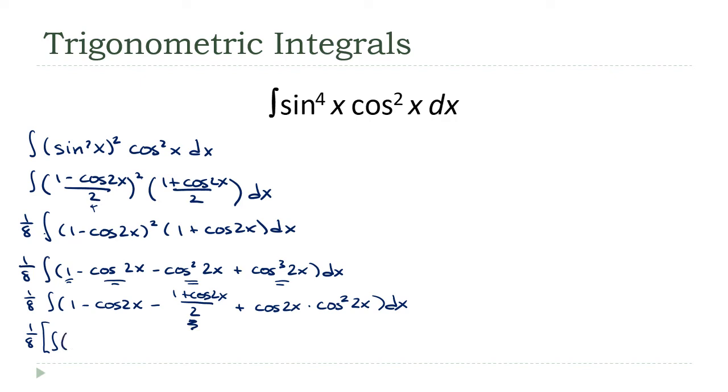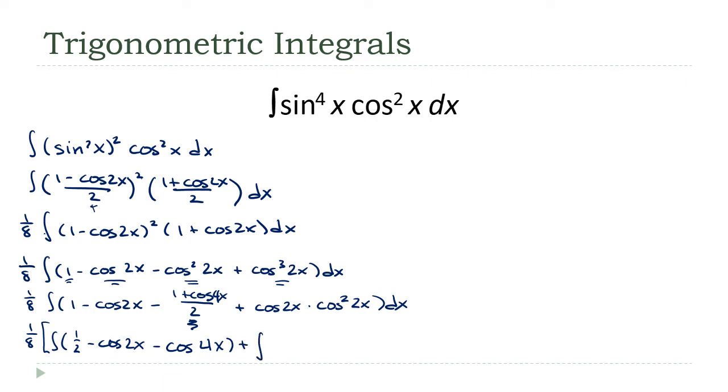So this is 1/2 minus cosine 2x minus, excuse me, that's a 4x in there, right? Not a 2x. So this is going to be minus cosine 4x plus the integral, and let's go ahead and do the substitution here.